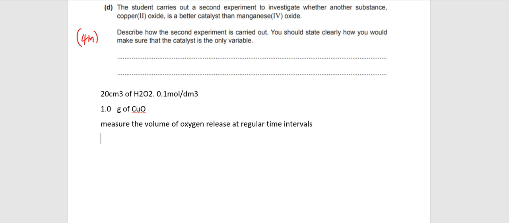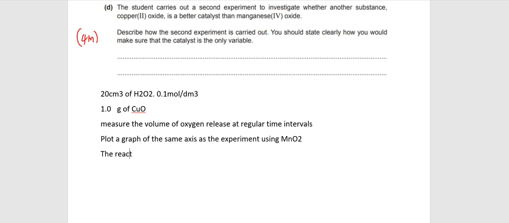So how do I know copper oxide is a better catalyst or not? I plot a graph on the same axis as the experiment using manganese(IV) oxide.